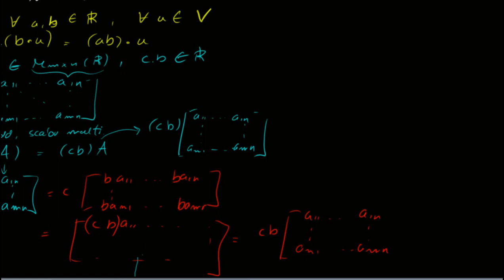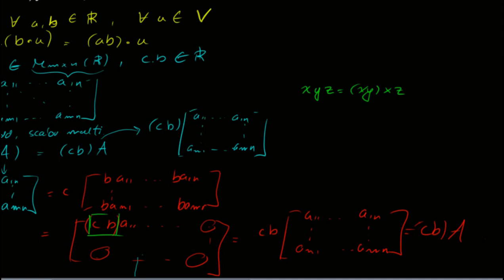That's equal to cb times A, and the reason is that the operation is over the real numbers, and so you know that x(yz) is equal to (xy)z. So that's basically what I did. I just factored out c and b from every entry.